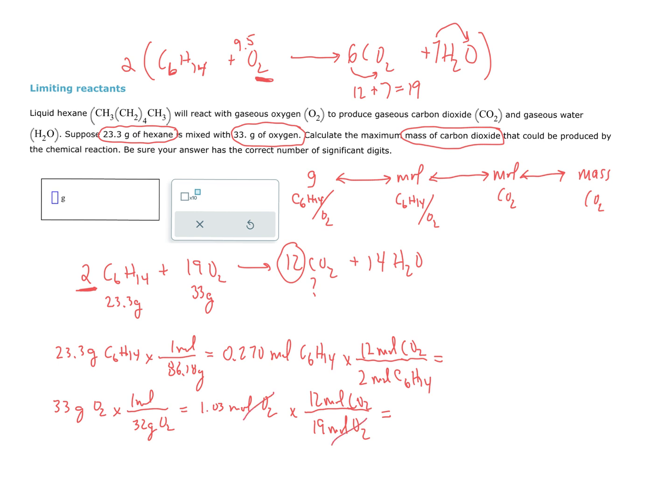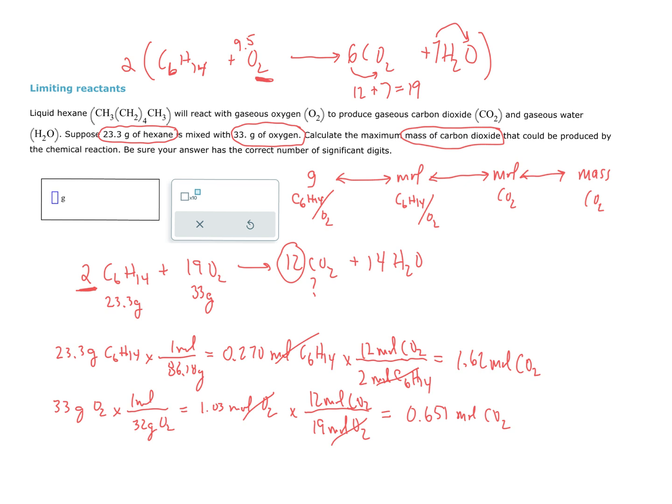Moles of oxygen cancel out, and I'm going to make about 0.651 moles carbon dioxide. Moles of hexane cancel out, and I'm going to get about 1.62 moles of carbon dioxide. Now we can directly compare those numbers, and now you can see that oxygen is our limiting reagent. Based on the oxygen, I would only make 0.651 moles of CO2, so the reaction stops there. That limits what we can make in the reaction.